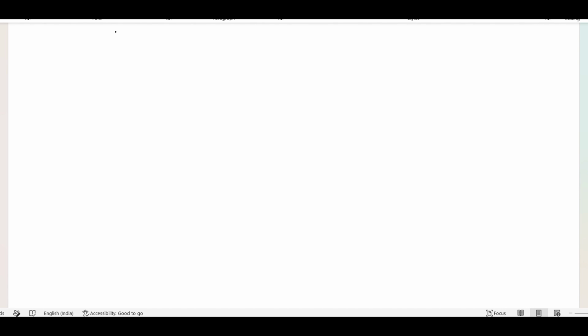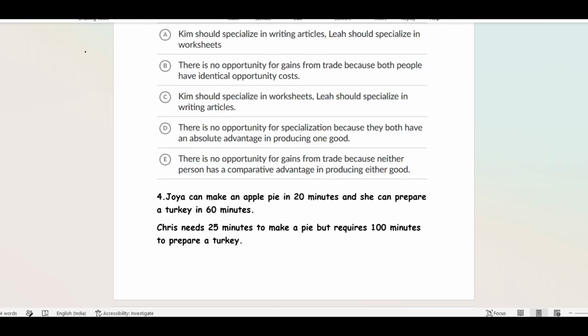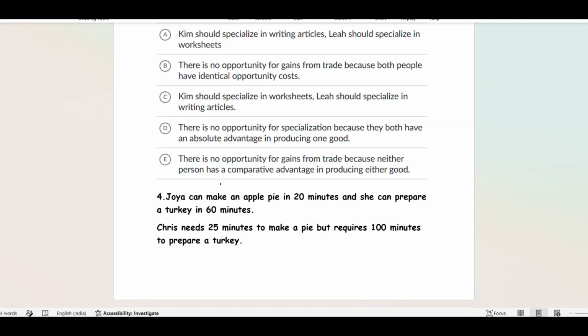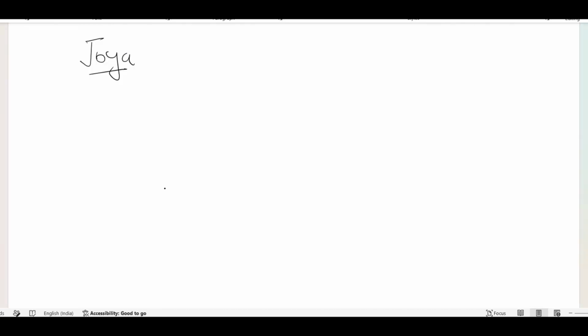So for Joya, the opportunity cost for turkey would be 60 by 20.